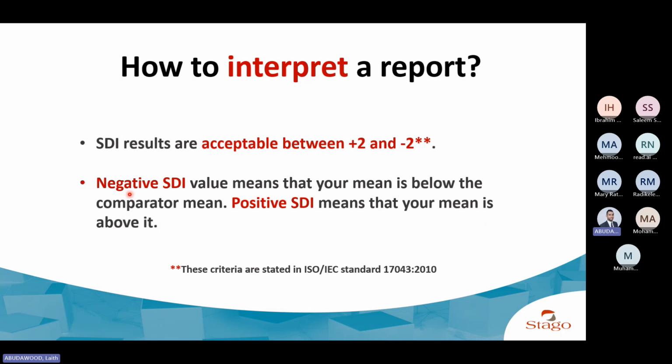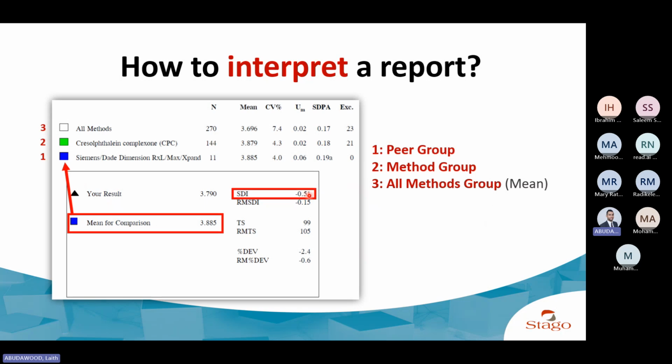Now, why does it say minus 0.51? When you get a negative SDI value, it means that your result, the value that you have obtained from this particular sample that this lab got, they got a minus 0.51. This means that your result, which is in this case 3.79, is below the mean for comparison, or the mean of the other labs. So when your SDI is negative, it means your value is less than the mean value.